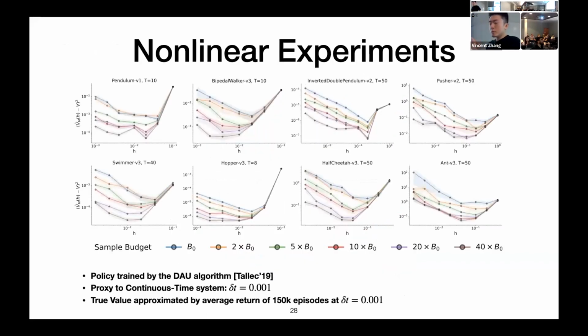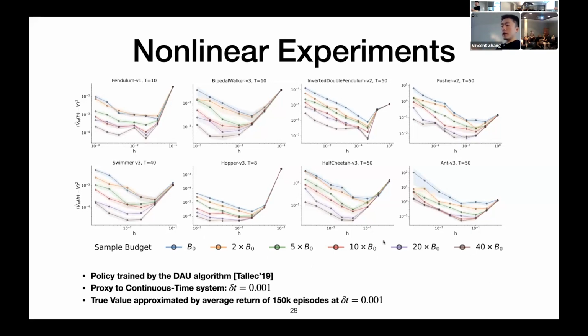And now we move on to nonlinear experiments. It's the same type of plot where you see the MSE on the vertical and H, the step size, on the horizontal. The different lines represent the results from different sample budgets. We increase the budget just to see how the optimal H shifts.